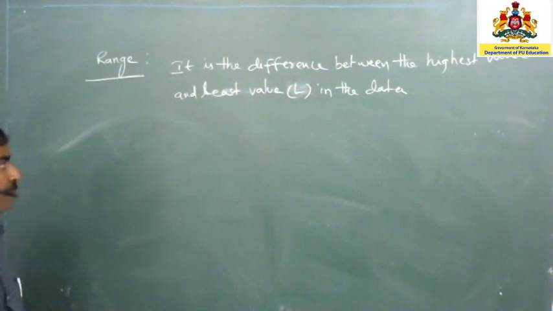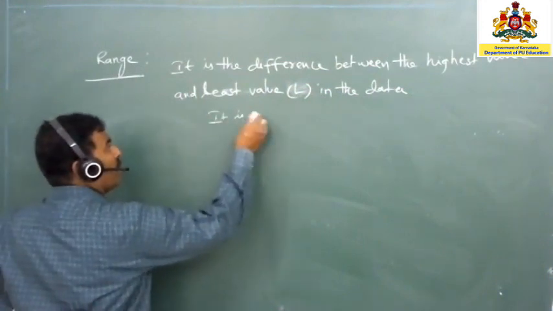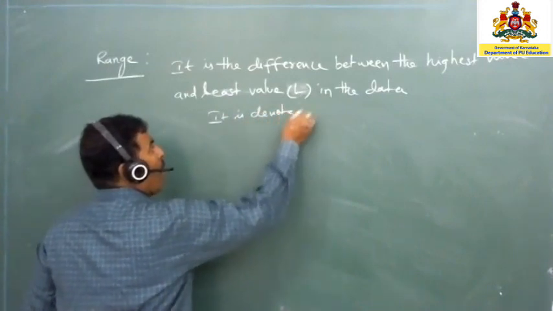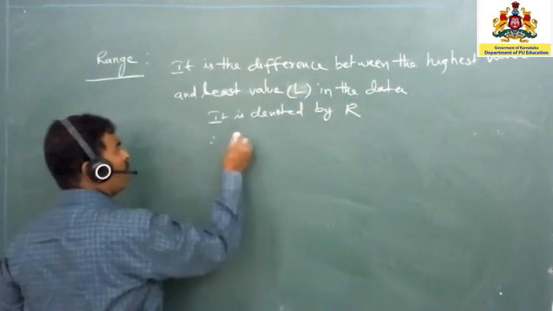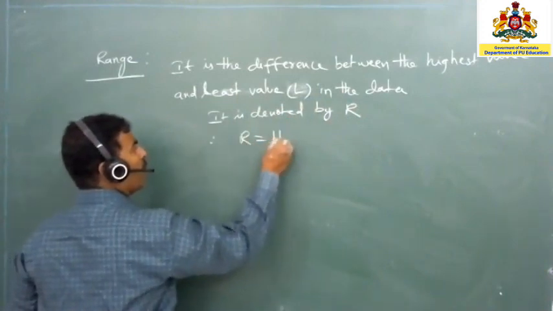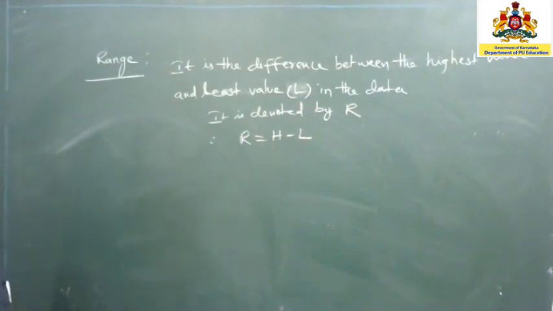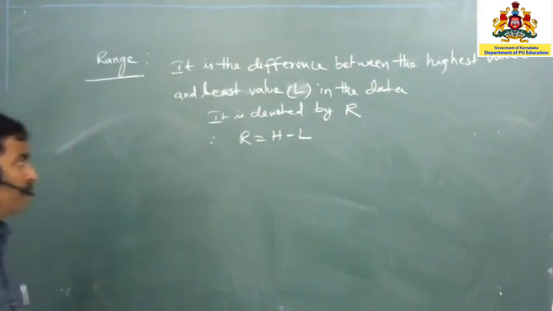Range is denoted by R. Therefore, according to the definition, R equals H minus L.